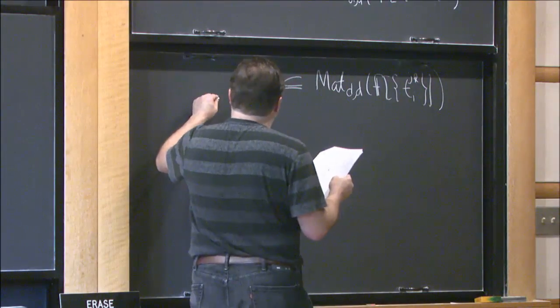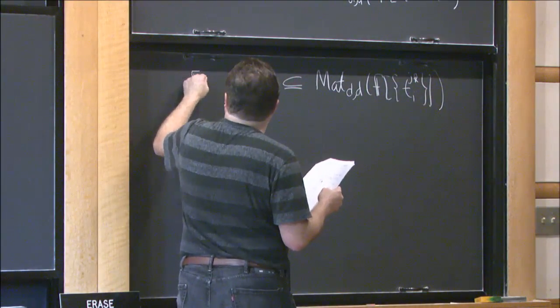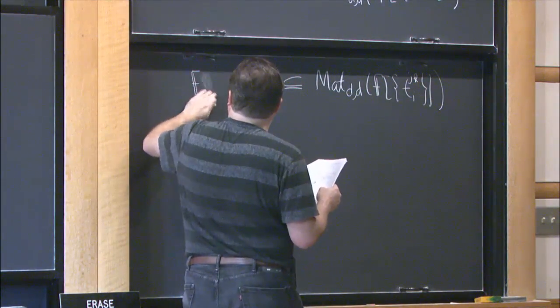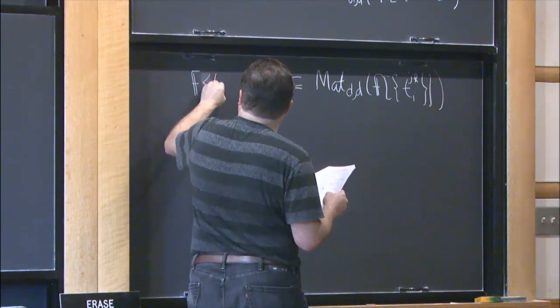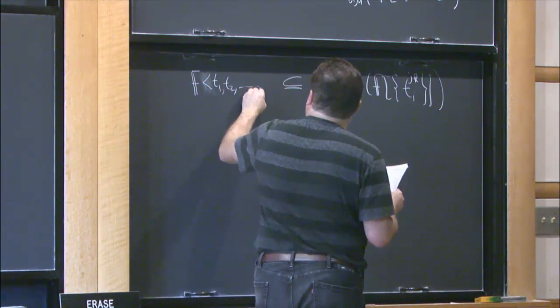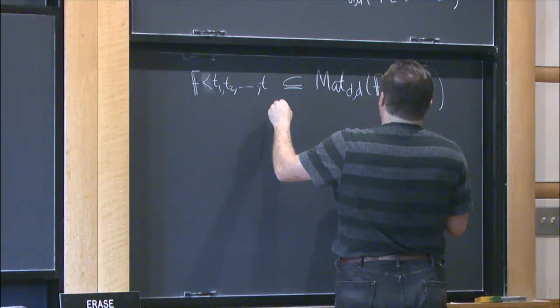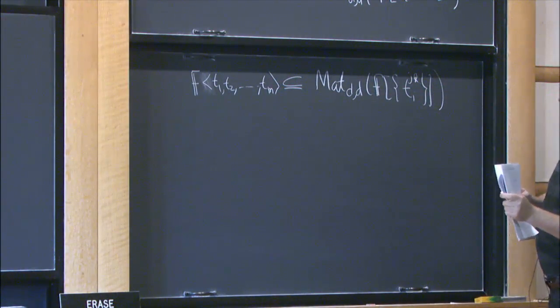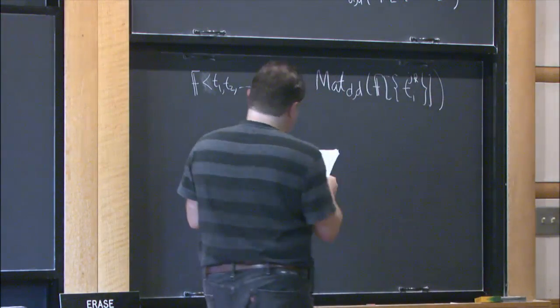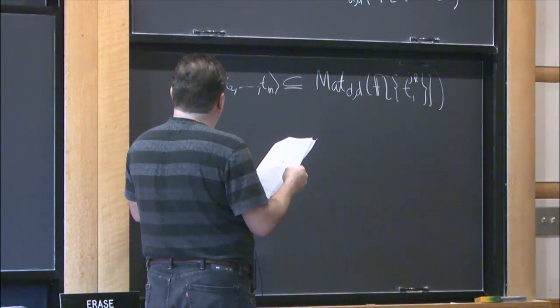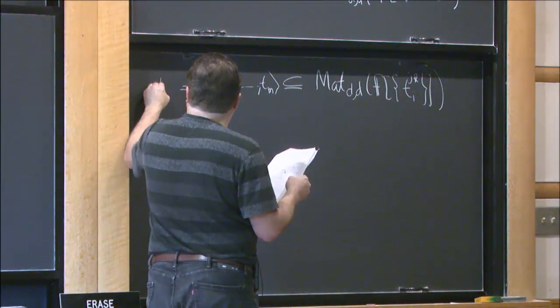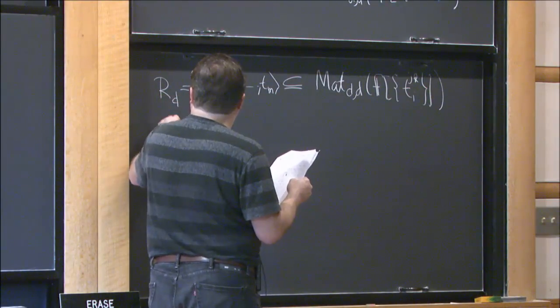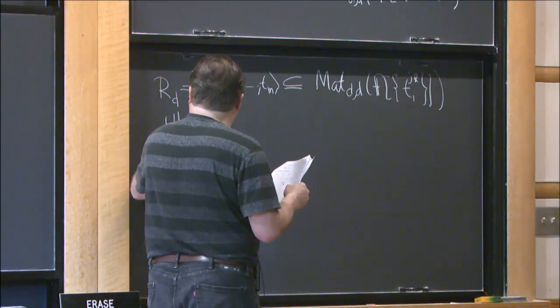So inside here, we can look at the ring generated by these T1 up to Tm, and maybe I'll call this Rd. Now inside Rd we have a center, Zd.